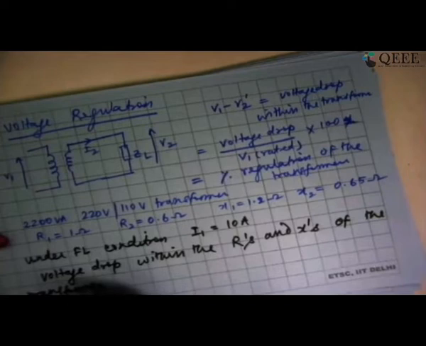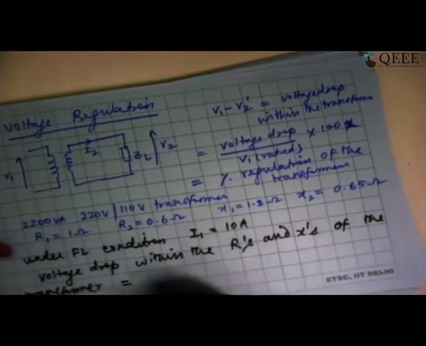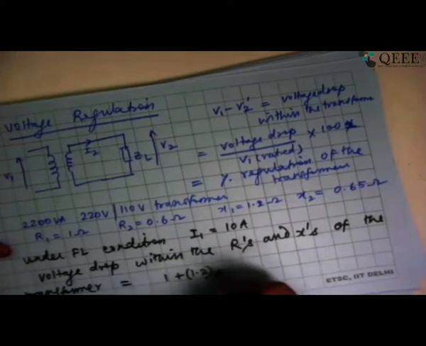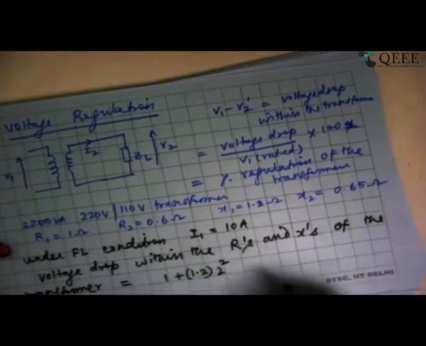I can calculate that to be 1 plus 1.2 multiplied by 2 square, because N1 by N2 the whole square is 2 square.